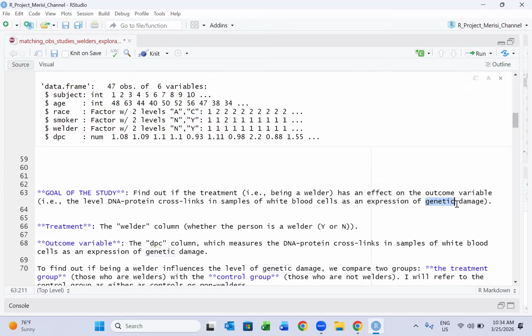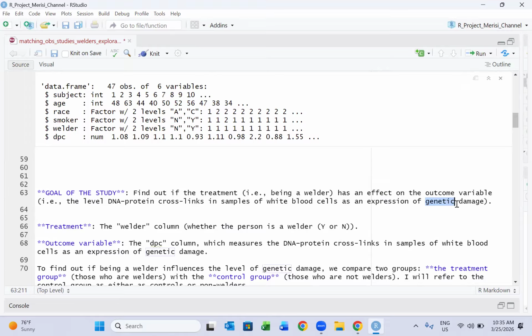We want to compare welders and non-welders with respect to genetic damage, but they differ with respect to age. So there's always a temptation to say the difference in genetic damage that we are observing is not because of what they do, not because welders are exposed to chemicals. It's maybe because of age. That's a possible rival explanation.